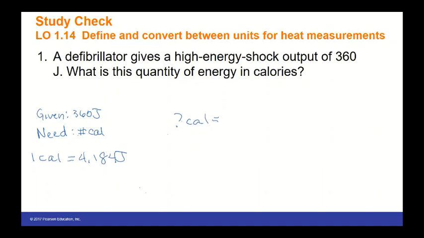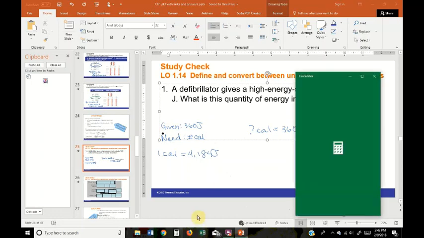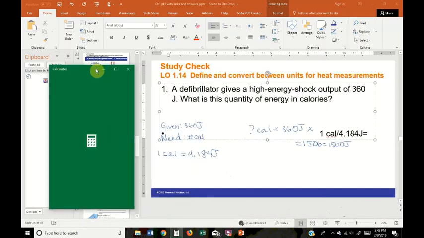We set up our problem: 360 joules times 1 calorie divided by 4.184 joules. Let's use our trusty calculator.